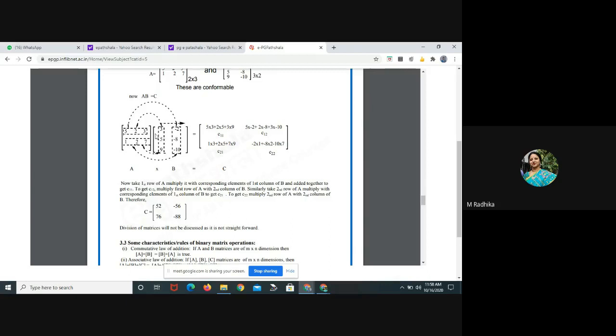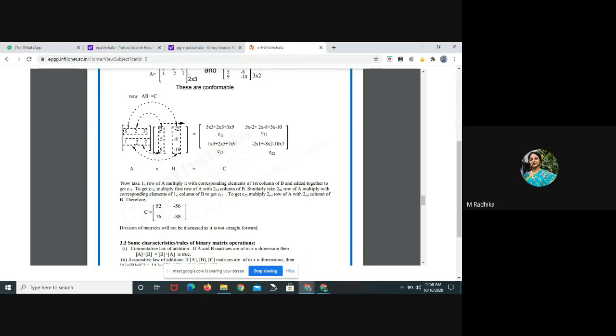So how am I doing the multiplication? This is matrix A. This is matrix B. I will take the first row, then multiply it with the first column: 5 into 3 first, then 2 into 5, 3 into 9. The whole of the row will multiply the whole of the column.